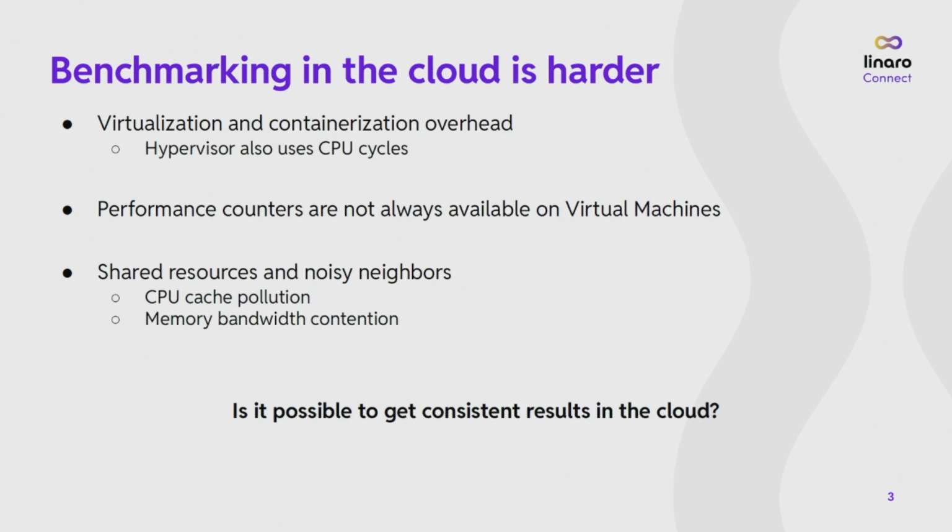Some examples are CPU cache pollution, which is basically when a cache line from the running program is replaced with data from another program. And there's also memory bandwidth contention that may happen if several processes are trying to access memory at the same time.